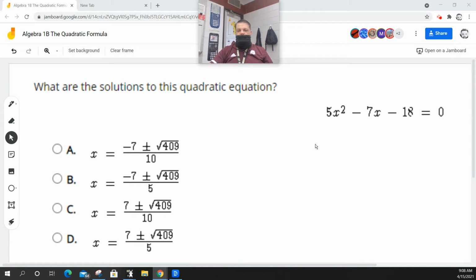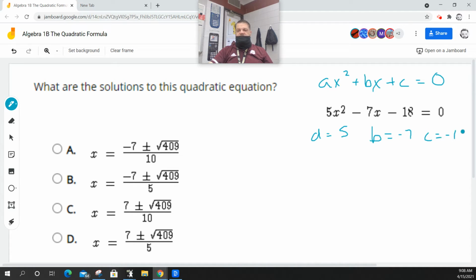Like, for example, when I go through the process, I check to make sure that it's written as ax squared plus bx plus c equals 0. So that means that a is equal to 5 and b is equal to -7 and c is equal to -18. So when I go to do the formula, I'm going to say x equals -b, but what's b? -7.